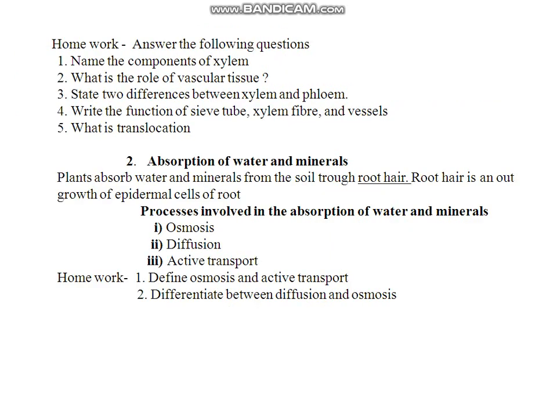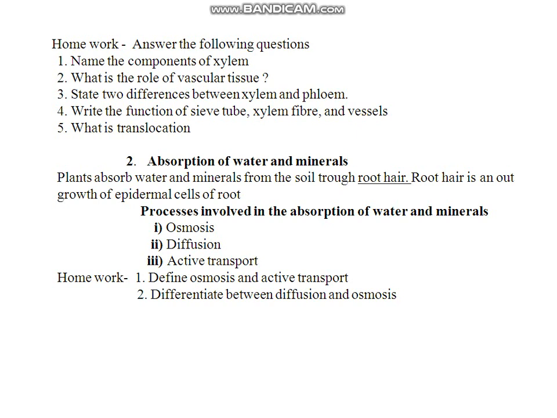Now, I am giving some homework questions to you from the covered portion. Question number 1, name the components of xylem. That means you have to write the names of the different types of cells present in xylem.